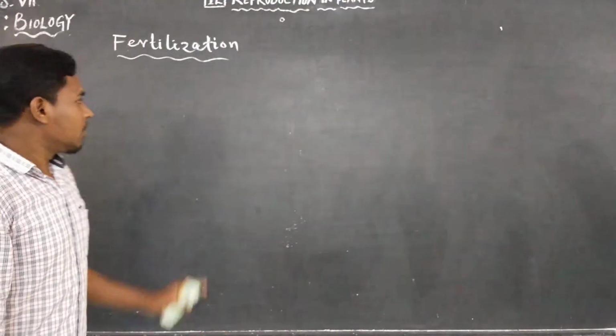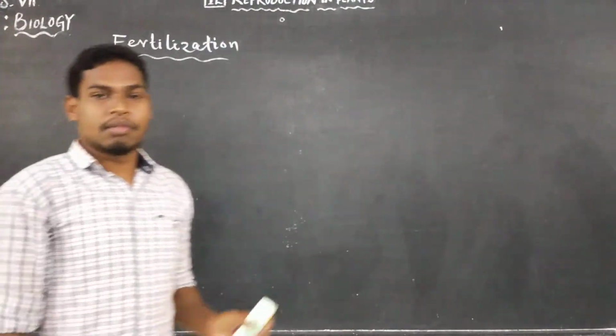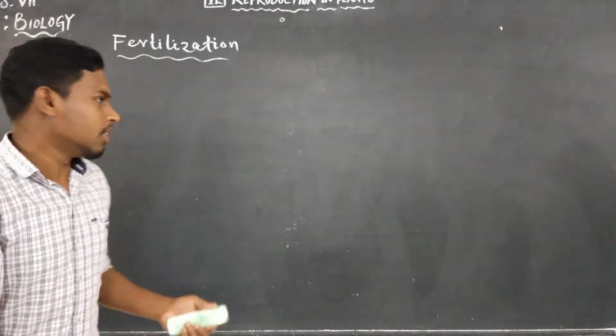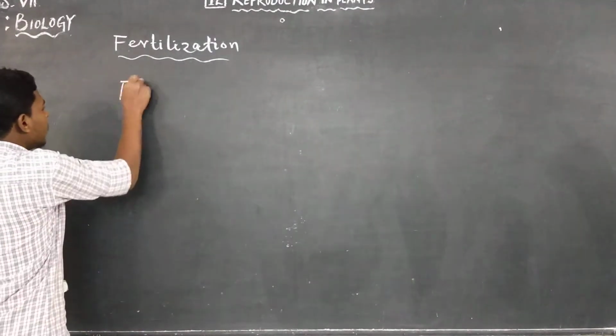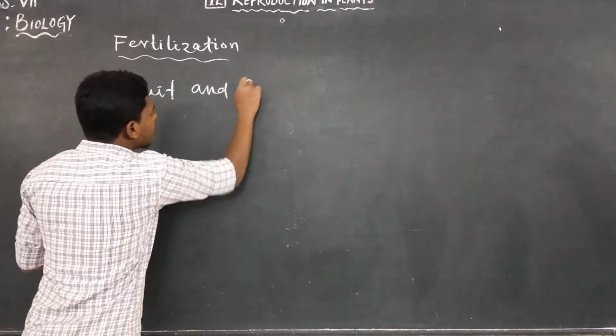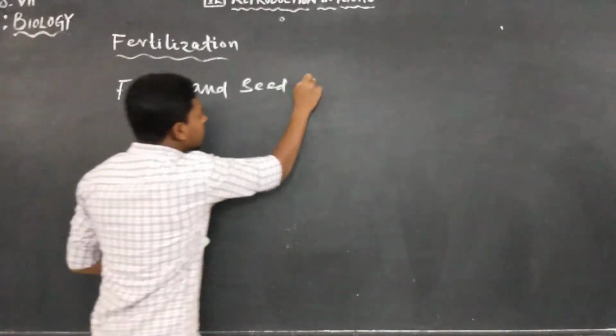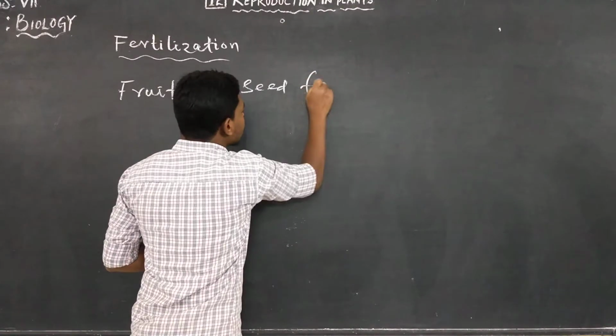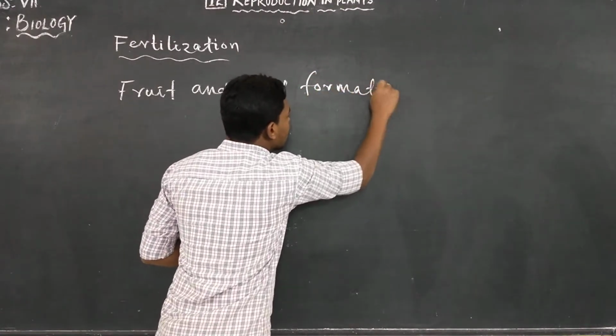So after fertilization, what happens? Formation of fruit and seed, right? The next step is fruit and seed formation.